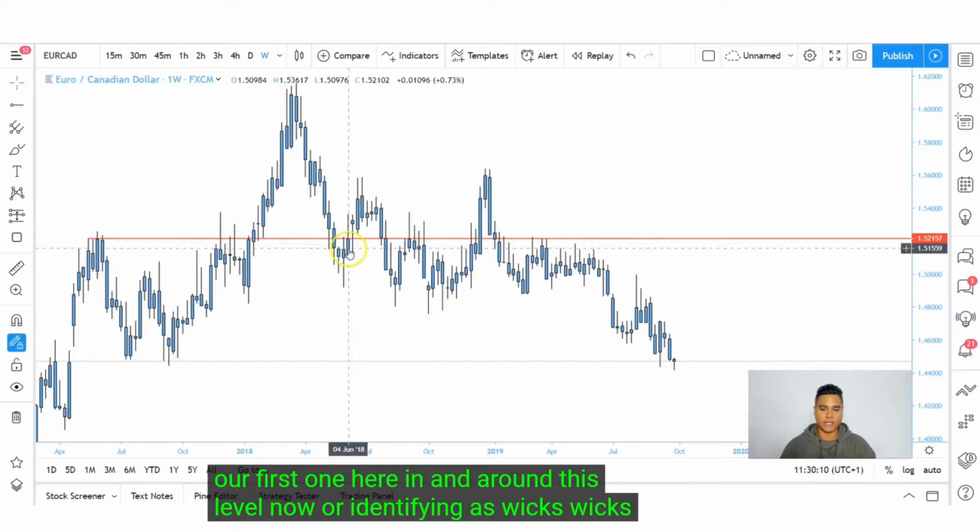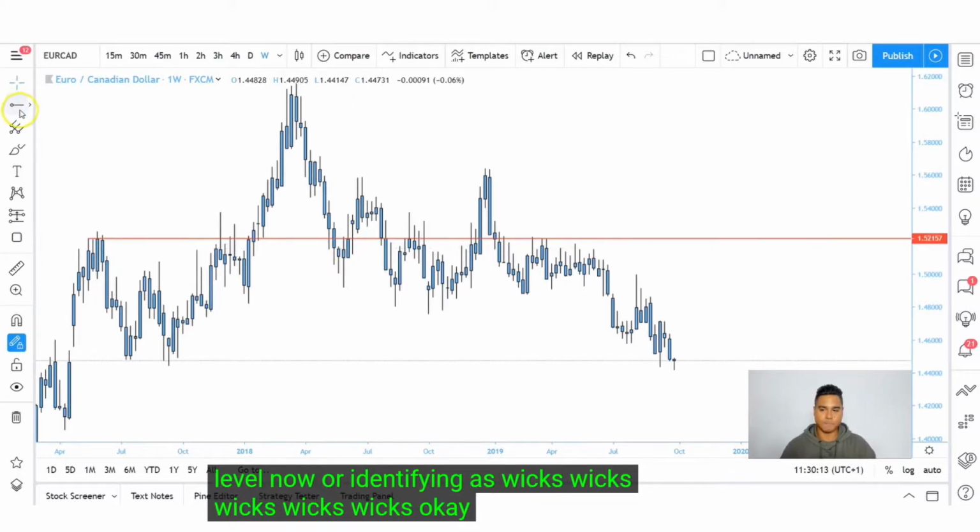Again, we'll drop one here, taking into account as much of this information as we can, and we have wicks again. Let's see if we could find a finer one, and we have one down here. These are our levels. As you notice, we don't need too many.